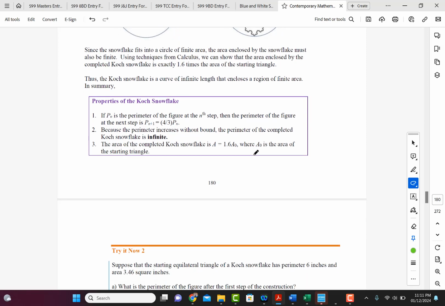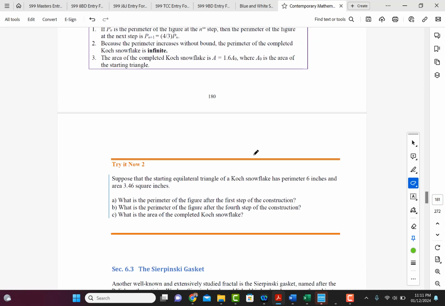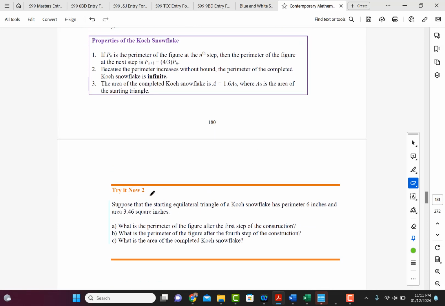All right. So now, the triad. Suppose that the starting equilateral triangle for a Koch snowflake has a perimeter of 6 inches and an area of 3.46 square inches. What is the perimeter of the figure after the first step of construction? Okay, so the way we do this, it's the first step of construction, right? So the perimeter, we'll say P1.